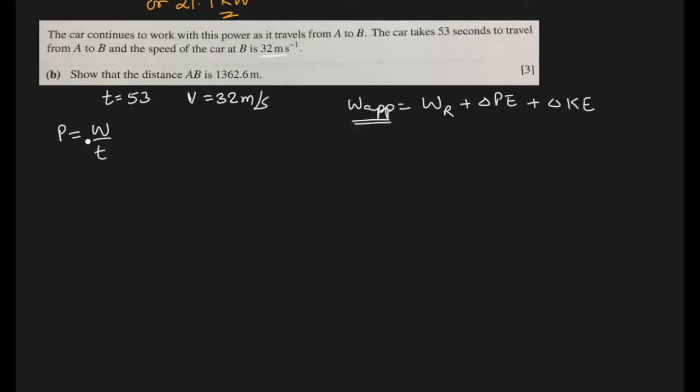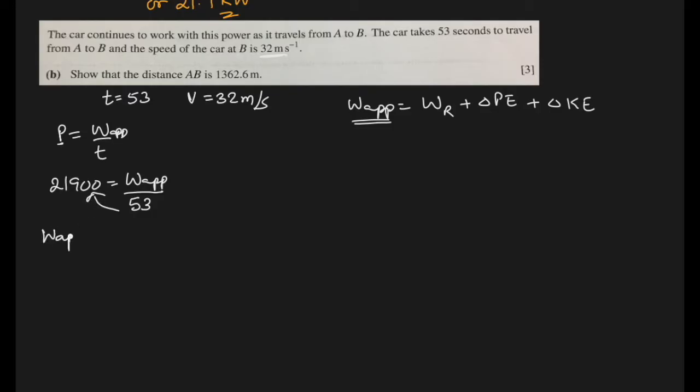The rate at which work is done is called power. So we can find that applied work with the help of this, because we know power, which is 21,900 from part 1, equal to this over 53. So this goes and multiplies here.